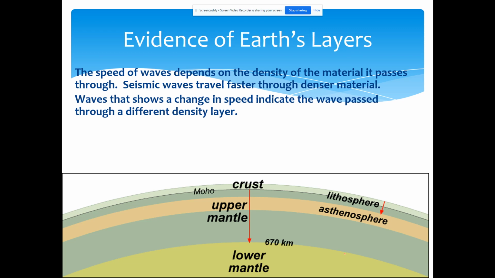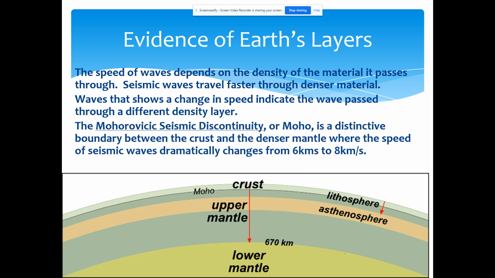And it's just a teensy tiny area where the speed of earthquake waves speeds up dramatically, which means it's dramatically denser. And they called it the MOHO, right here. When earthquake waves hit the MOHO, they go from a speed of 6 kilometers per second to 8 kilometers per second. So earthquake waves are evidence for layers inside of the Earth.